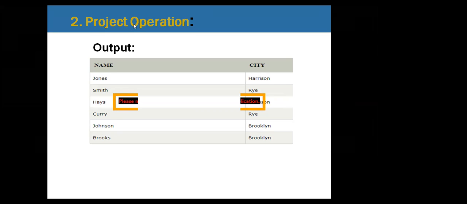Anyone can reply in the chat. Do you understand or not?